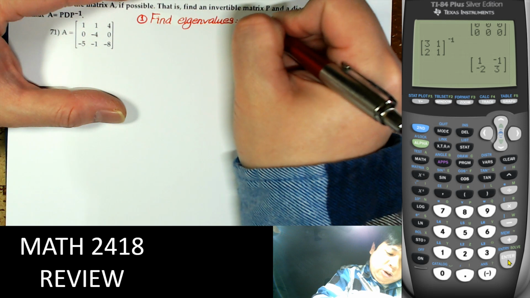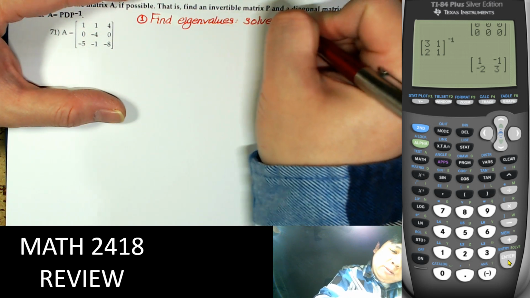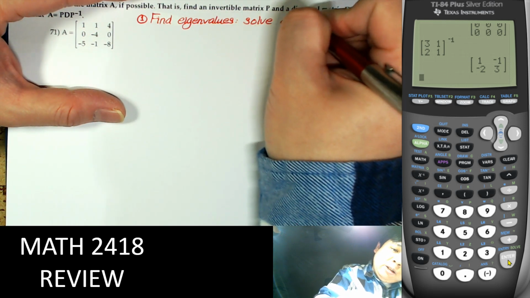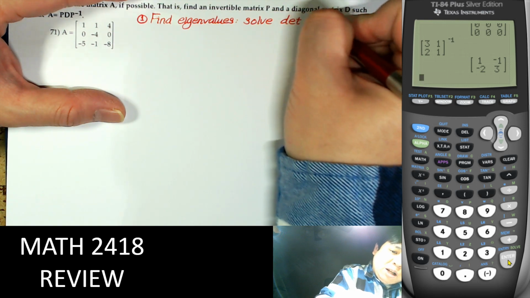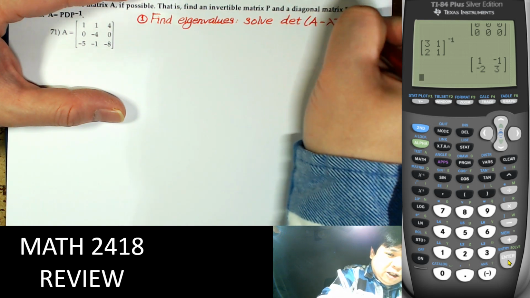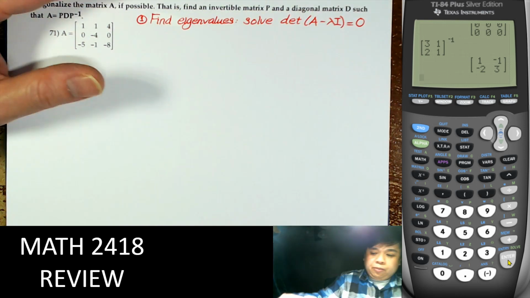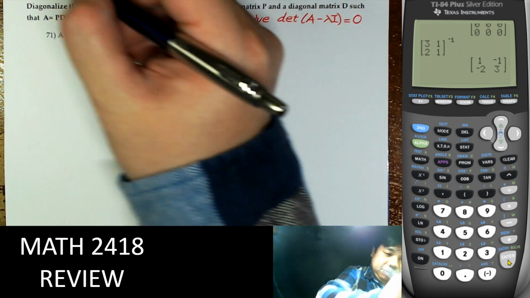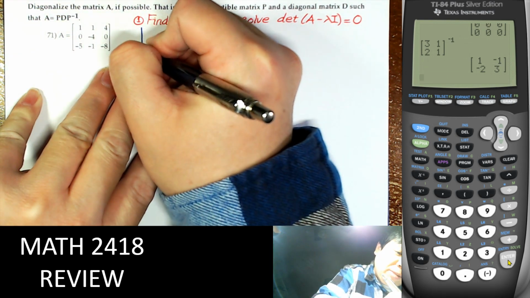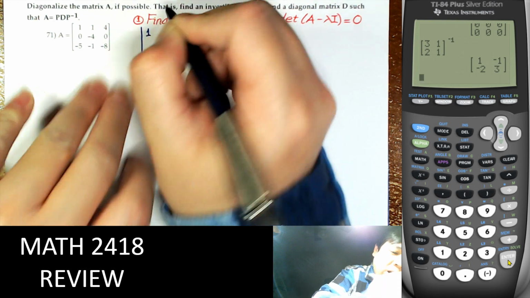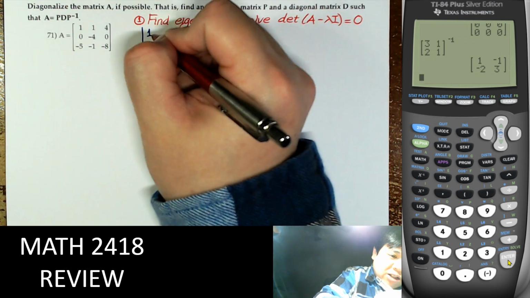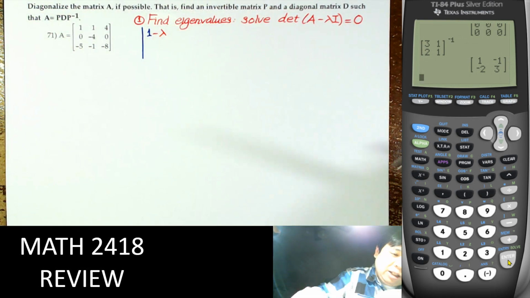Meaning we will solve the determinant of A minus lambda I equal to 0, right? Determinant, 1 minus lambda on the diagonal entry.